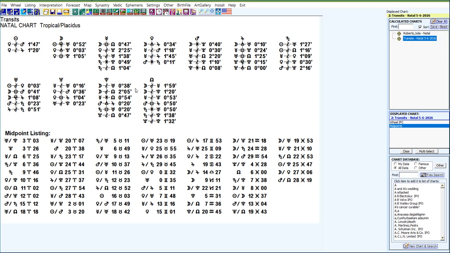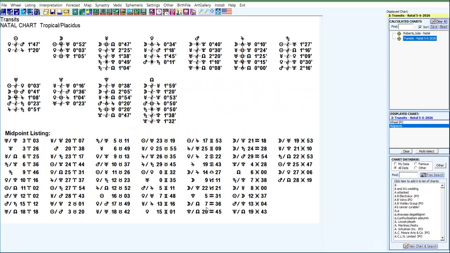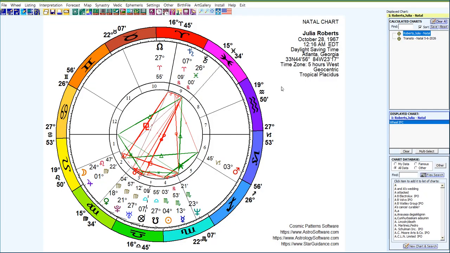Okay, now you may be wondering whose chart this is. I will now reveal to you here in the Sirius program that the chart is of Julia Roberts. Okay, so let's click on the midpoint in here and we select the midpoint tree.